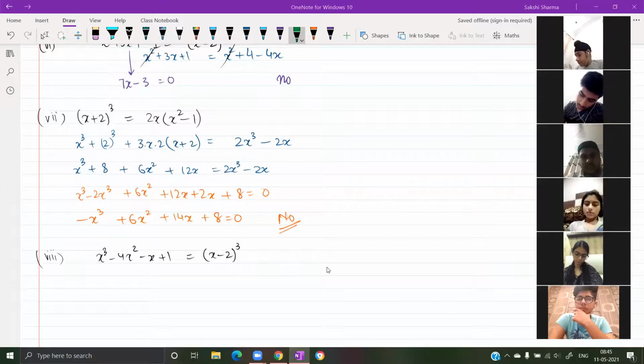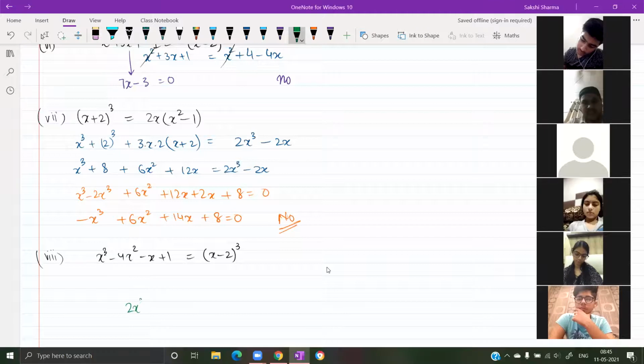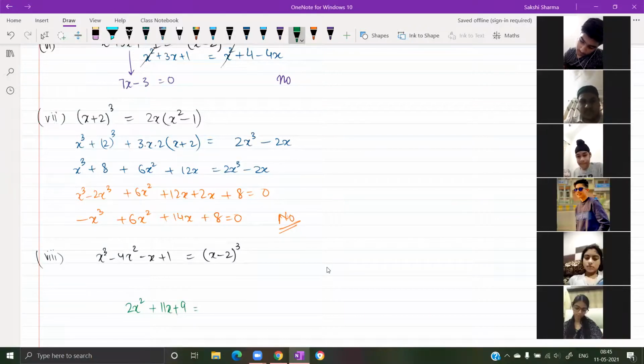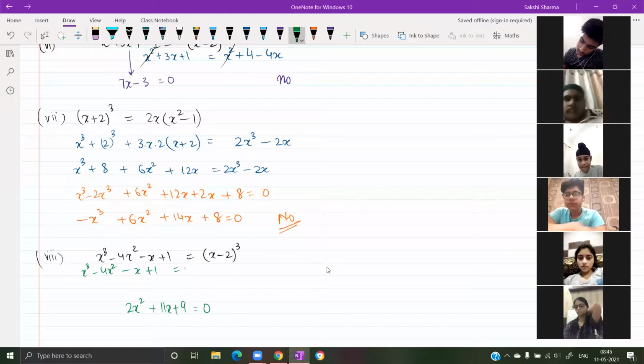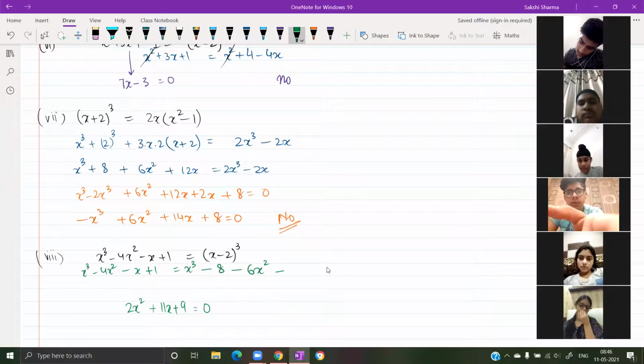2x square plus 11x plus 9 equals 0. Okay, I want everyone else to recheck this. Is this the answer? 2x square minus 13x plus 9 is equal to 0.